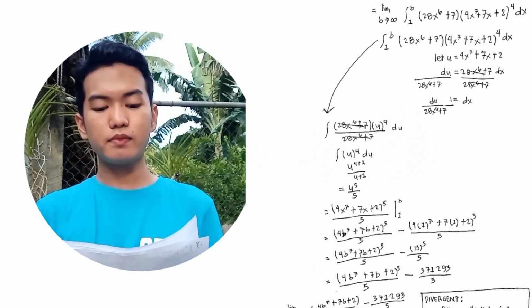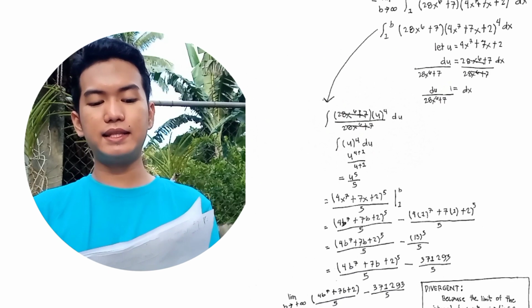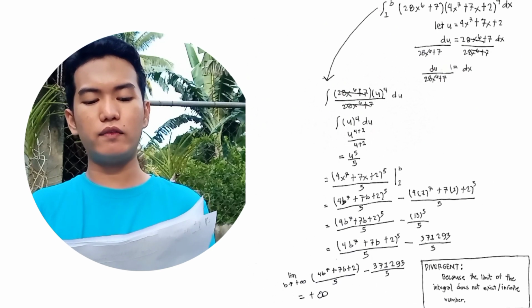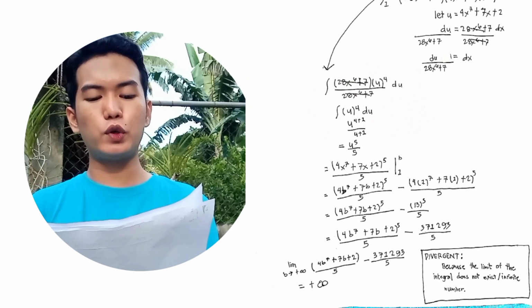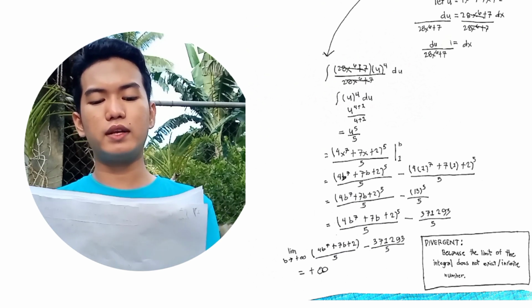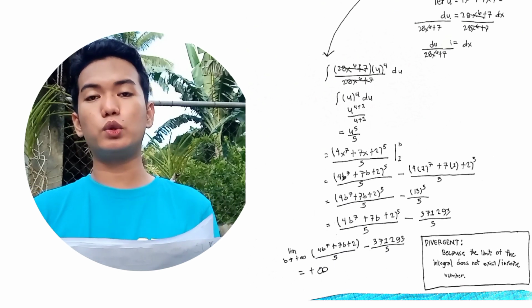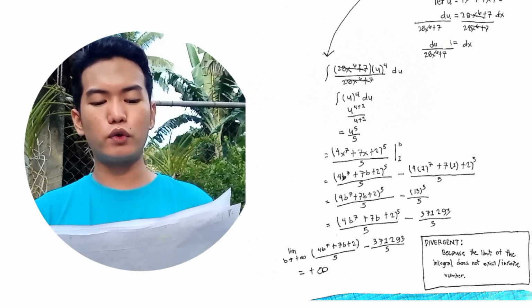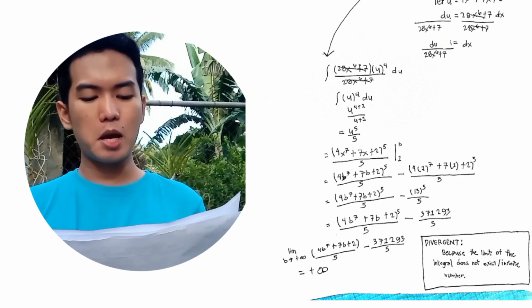Then we cancel out the 28x to the power of 6 plus 7, and we are left with the integral of u to the power of 4 du. The integral of u to the power of 4 du is, using the power formula, u to the power of 5 over 5.